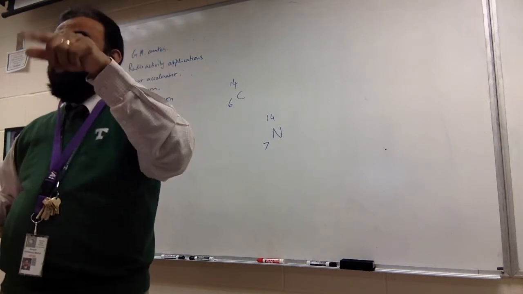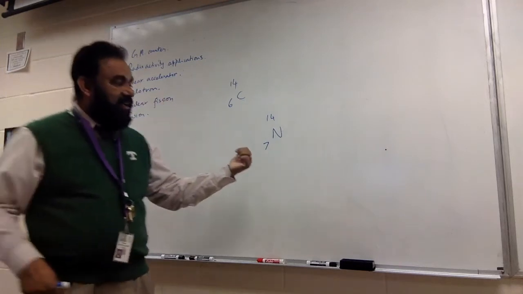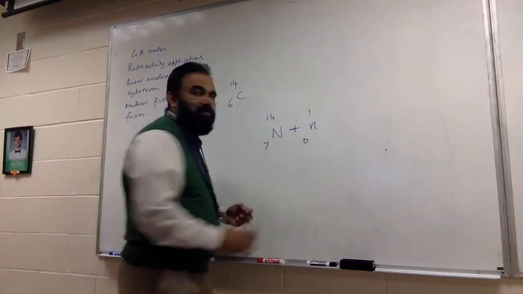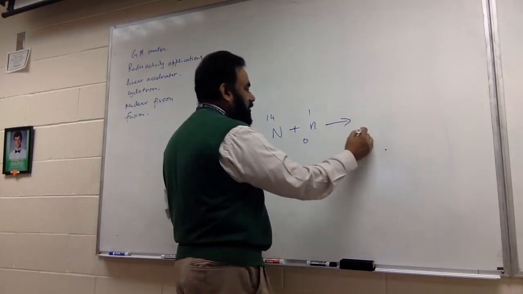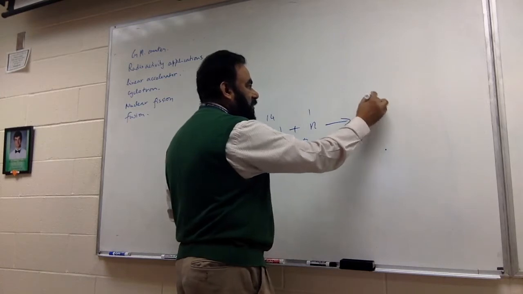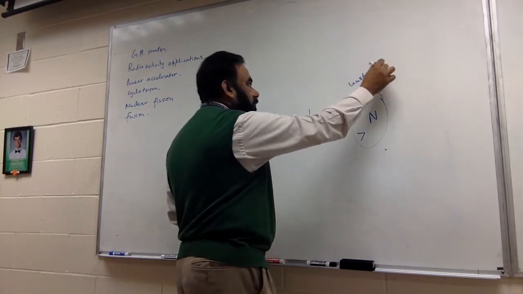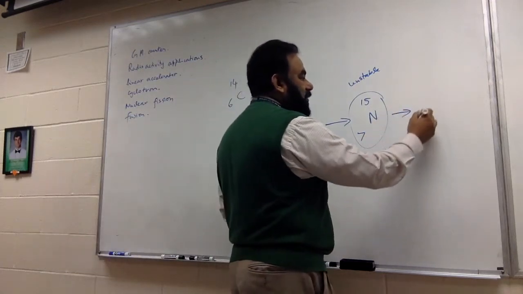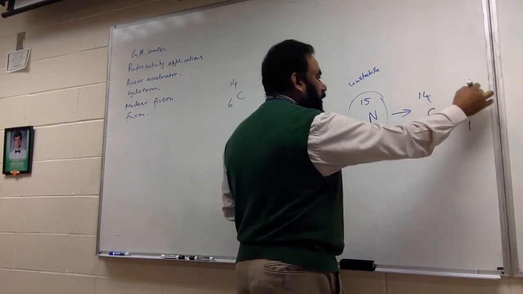And when it comes towards the earth, it hits the atmosphere. And the atmosphere contains mostly nitrogen. So when nitrogen is hit by a neutron, it changes into 7N15, which is unstable. And because it's unstable, it spits out 6C14 and 1P1.